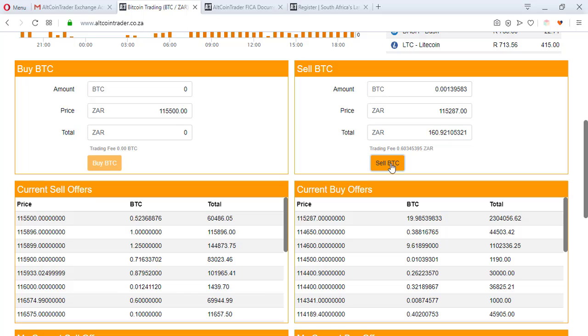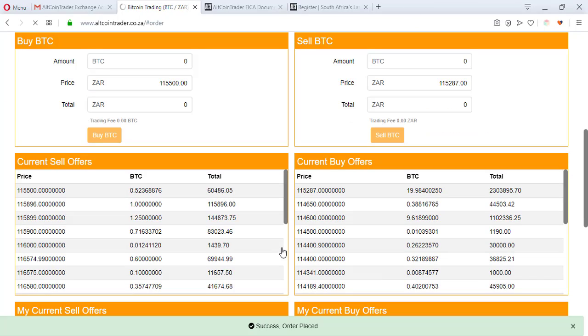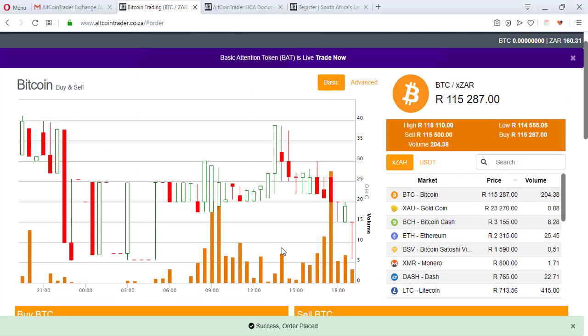So I'm going to click on sell Bitcoin, and then it asks me here that I should confirm that I want to sell my Bitcoin, that is 0.001398583 Bitcoin at a price of 115,287, of which I will get 160 rand and 92 cents with all those digits after the comma. Then I'm just gonna click on sell, right? So right now I just clicked on sell.